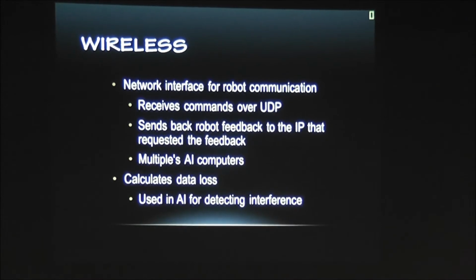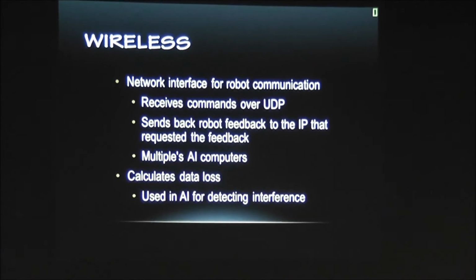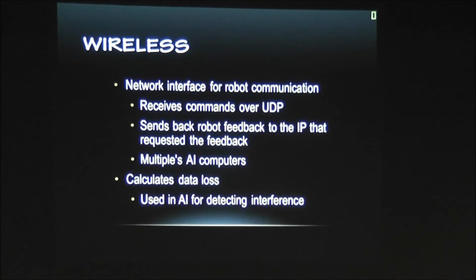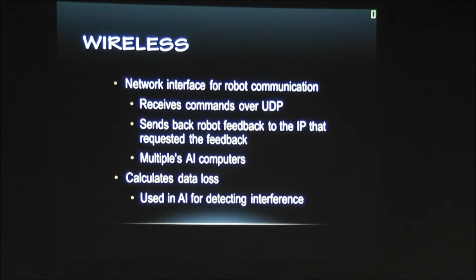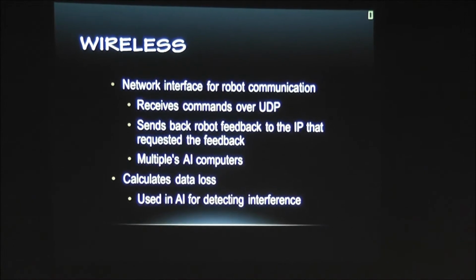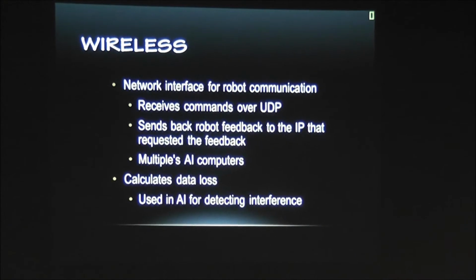And also we changed our wireless communication this year. The main reason for this was that our previous modules had very low bandwidth. So this year we use NRF modules that are being used by many other teams in this league.